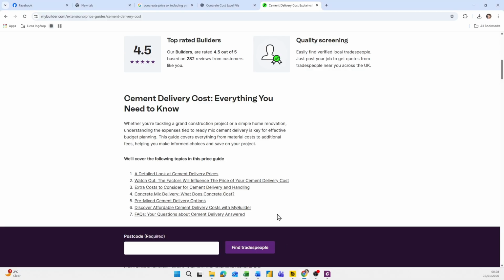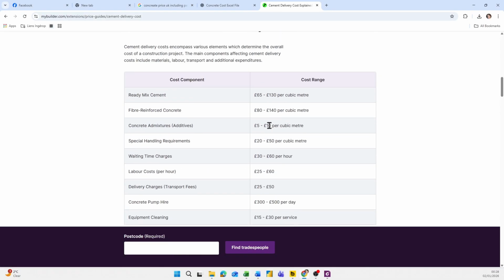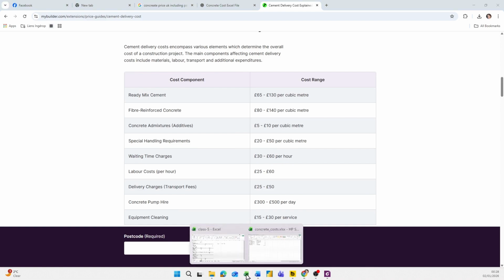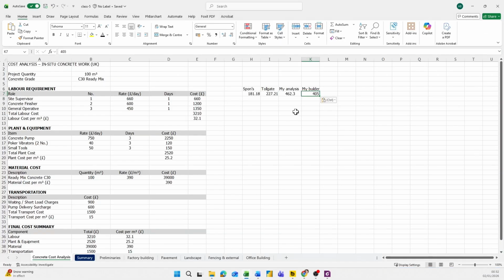So you can see all the prices, the high price and low price. I have taken all the high prices, and the price is 462.3, and my builder price from the website is 405.